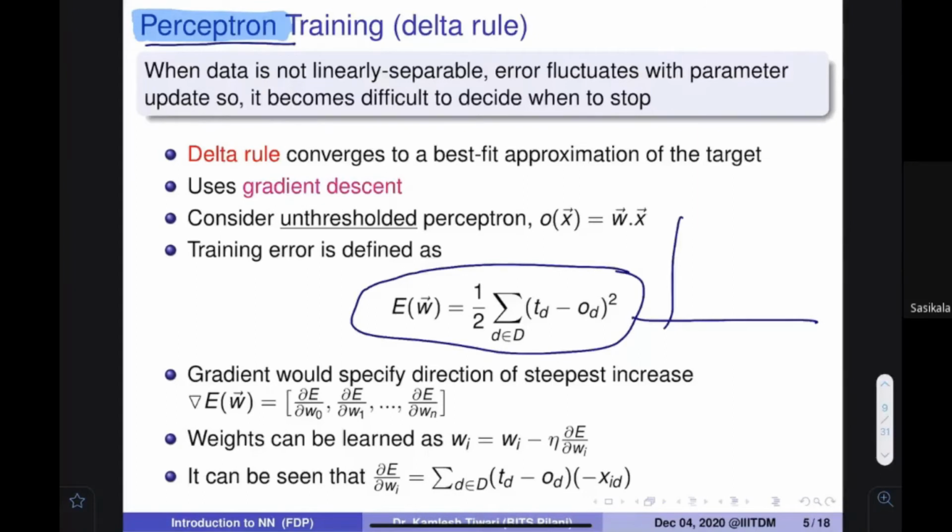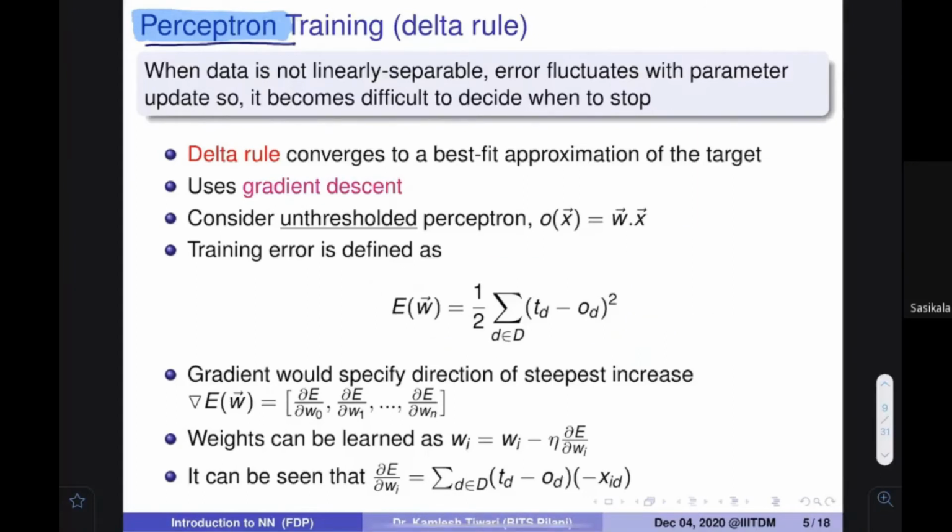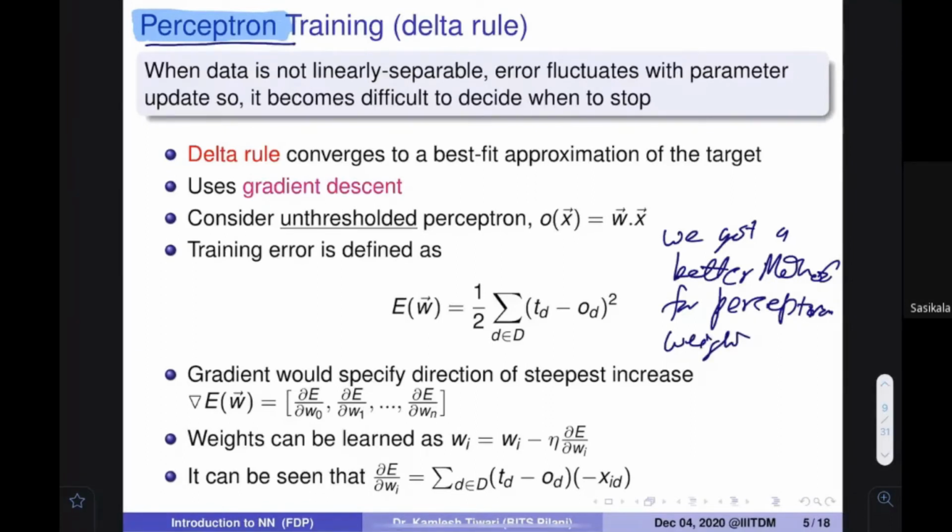Yes. So everybody tell me, can you type? We got a better method for perceptron weight discovery. Everybody, do you agree?